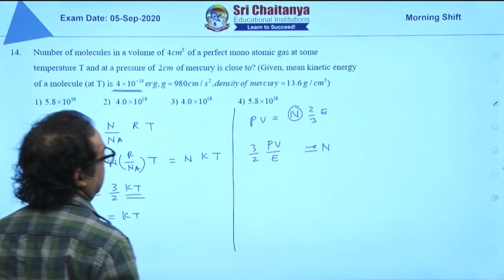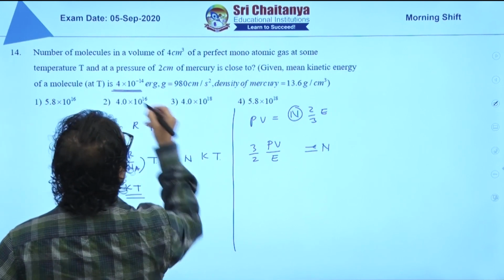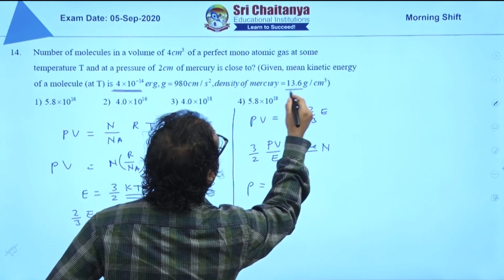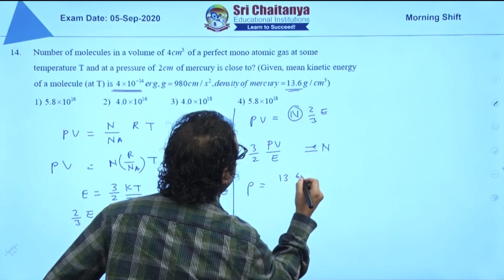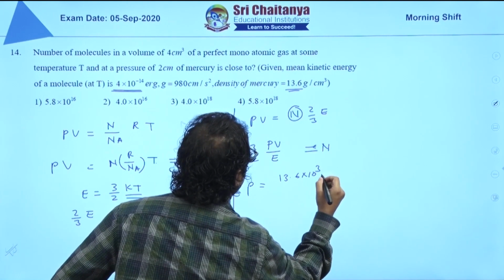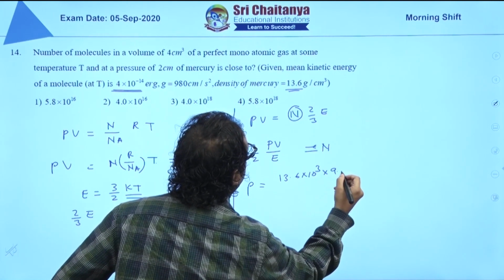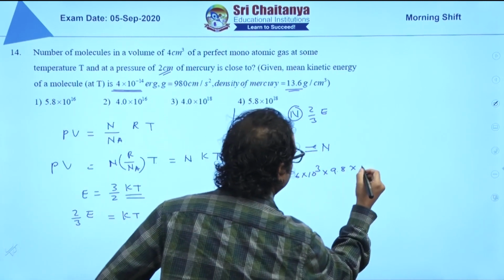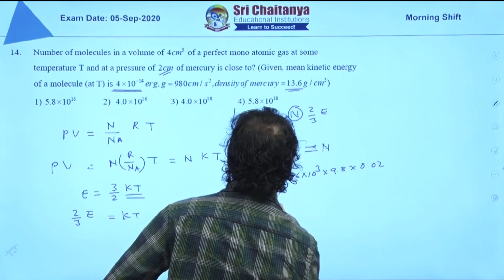Everything is given. Pressure you can convert: density 13.6 into 10 to the power 3, into 9.8 which is g, into the height. Height is given as 2 centimeter of mercury, so 0.02.